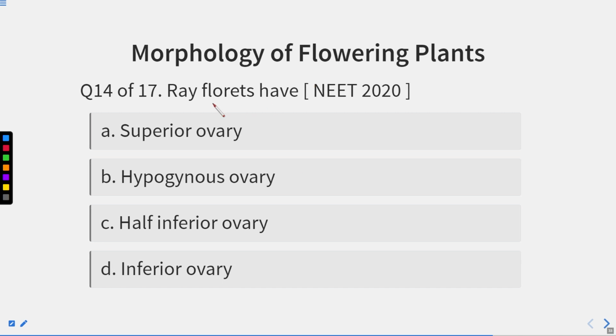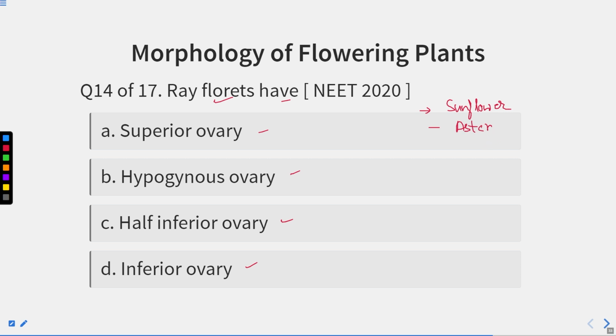The next question is ray florets. The options are: superior ovary, hypogynous ovary, half inferior ovary, or inferior ovary. So ray florets are seen in which? Sunflower. They are seen in sunflower, or you can say these are seen in the members of the family Asteraceae.